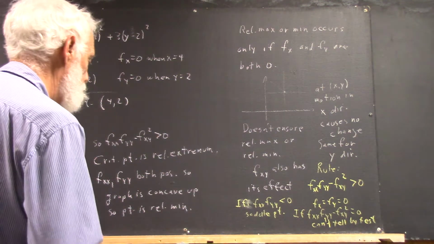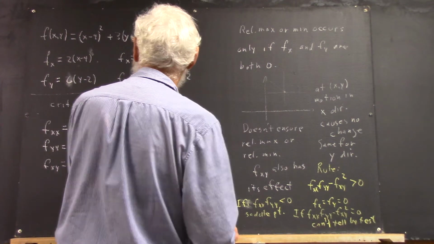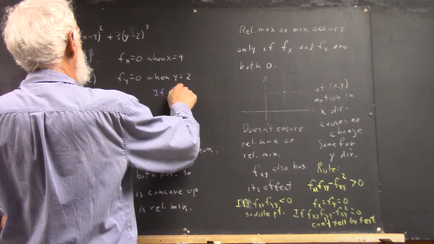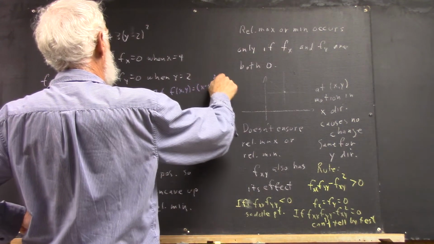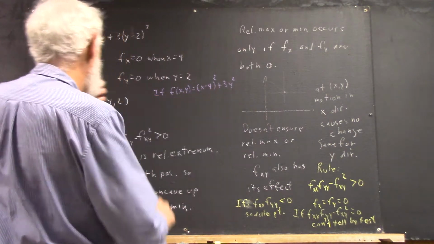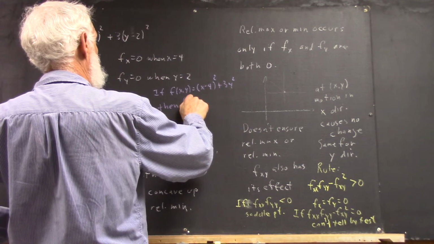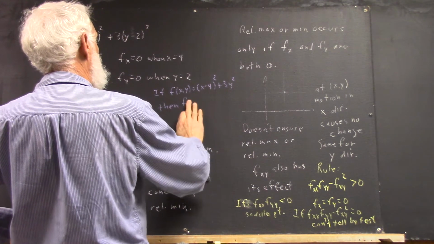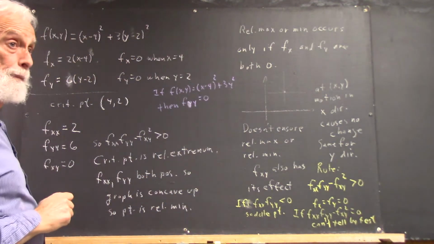Well, you can easily check that if fxy is this, then fyy is 0.